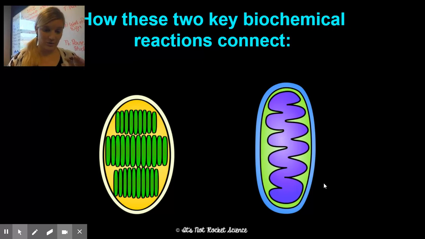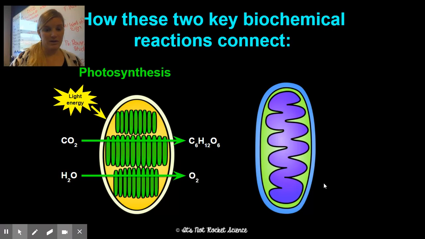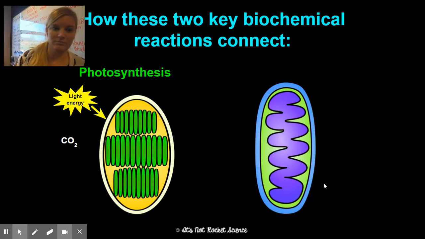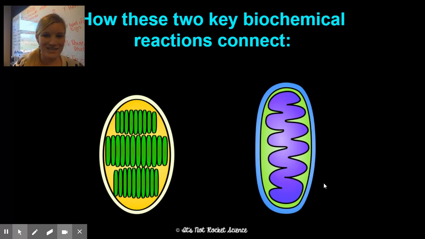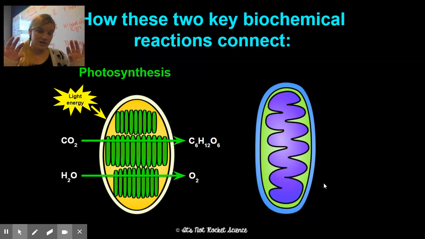So let's look at this visually. Photosynthesis. Light goes in, carbon dioxide is going through the process, and we make sugar. Then water goes in, we split it apart, and we end up spitting out oxygen. We're putting light energy in and taking in carbon dioxide and water. We split the water apart in step 1.